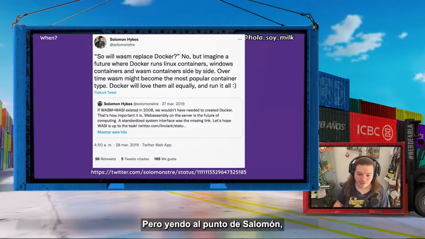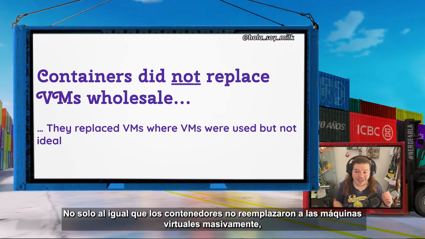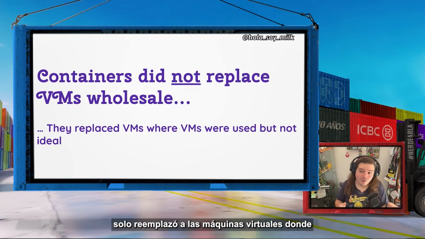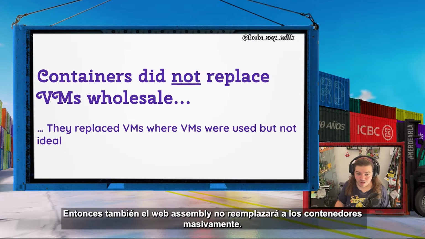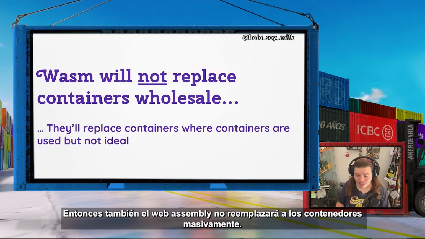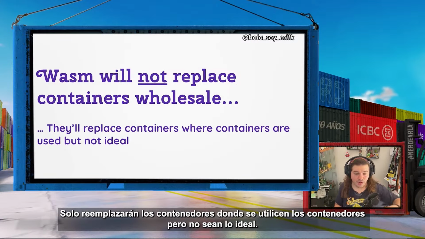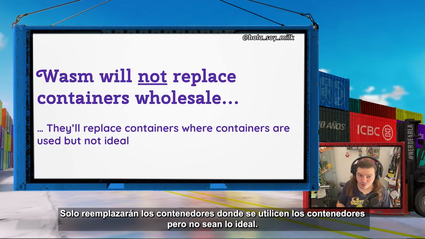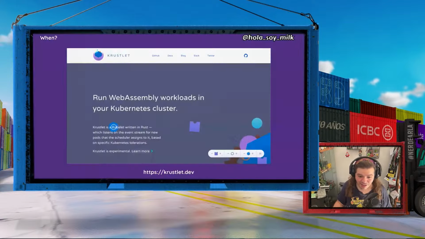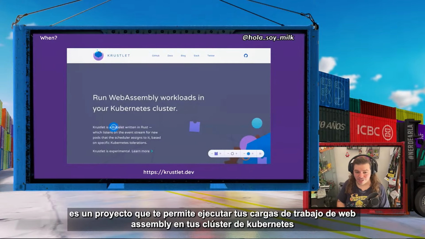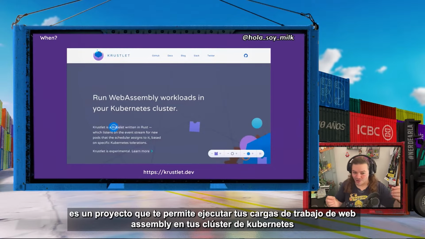But to Solomon's point, just like containers didn't replace virtual machines wholesale and only replaced virtual machines where virtual machines were used but perhaps not ideal, so too will WebAssembly not replace containers wholesale. They'll only replace containers where containers are used but not ideal. And we're already starting to see this happen. Krustlet, for example, is a project that allows you to run your WebAssembly workloads in your Kubernetes cluster.